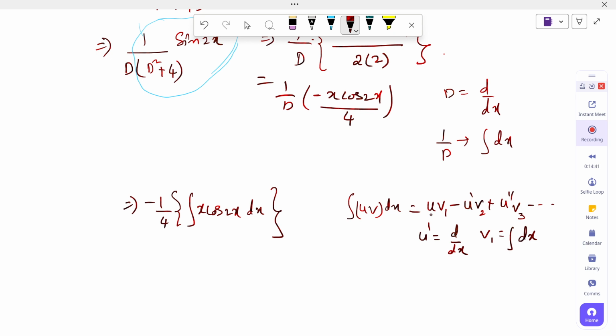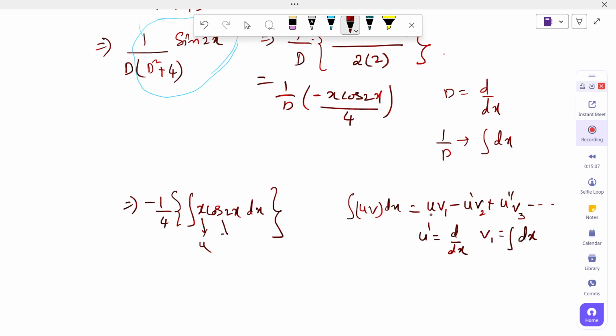If you take this as v and this as u, there is no end to the problem, because it will keep on integrating and this will keep on differentiating, cosine, cosine, cosine, and x will increase when you do the integration, it will not decrease. So this x function you consider as u, because when you go for differentiation it will end very soon.